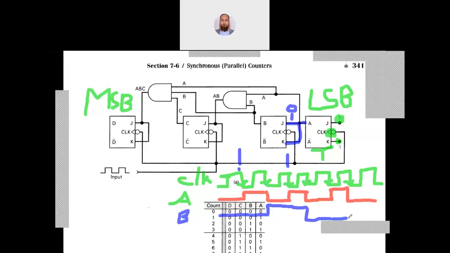B will become high. B will toggle. So like this will be the waveform of B. This would be the waveform of B.